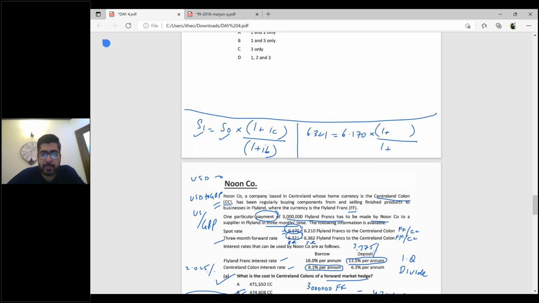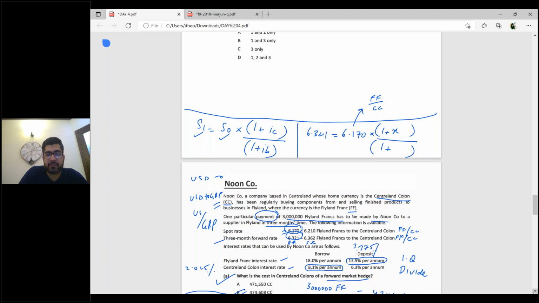The inflation rates of the two countries need to be placed. Since this spot rate 6.170 is FF over CC, and FF, Flyland, is above, we will put the inflation rate of Flyland above, and CC is in the denominator, so we will put the inflation rate of CC in the denominator. The inflation rate of Flyland needs to be found out.